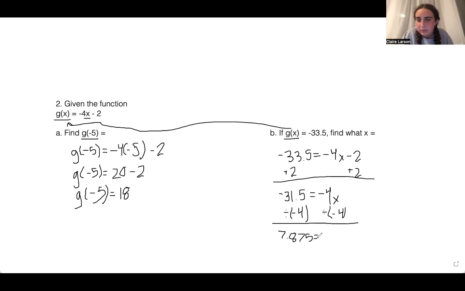And that equals negative 4x divided by negative 4 just equals x. And there we go. That's what x equals, hopefully.